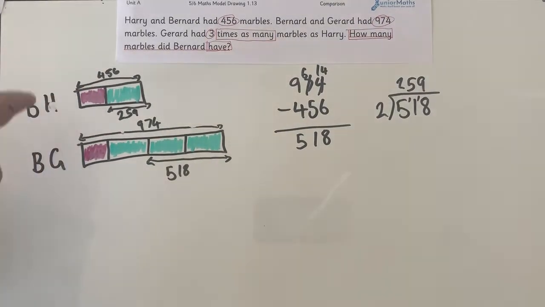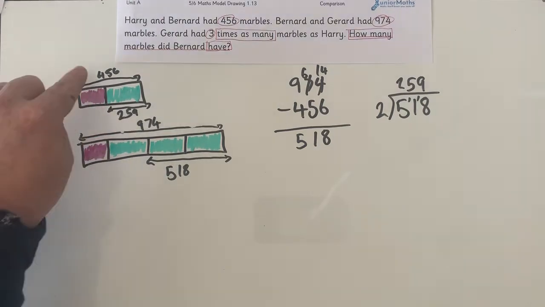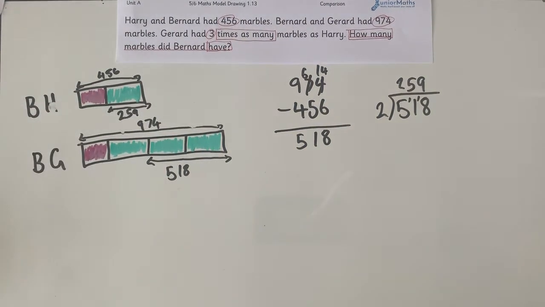So we've got the total of Bernard and Harry, and we've got a part. So we can use subtraction to find out the other missing part.